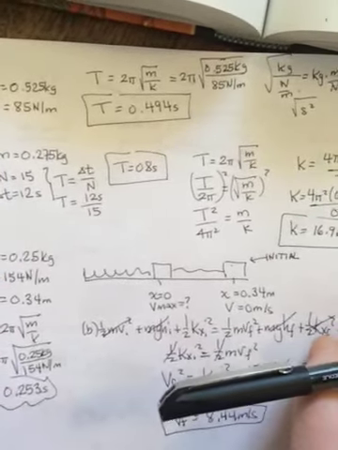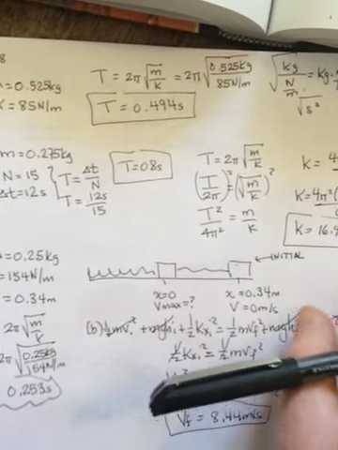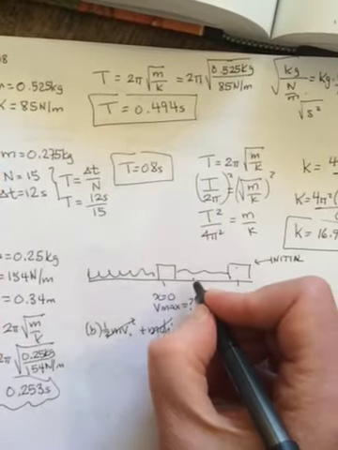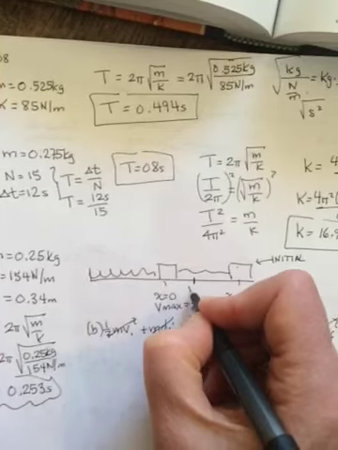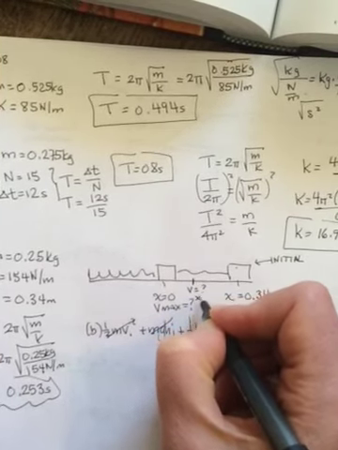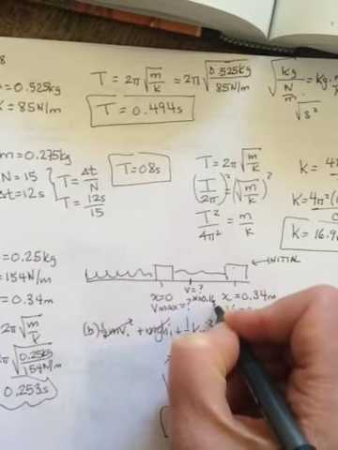There's a C. C says, what is the speed of the mass when it's 0.16 from its equilibrium position? So it wants to know, what's its speed here, where x is equal to 0.16 meters.